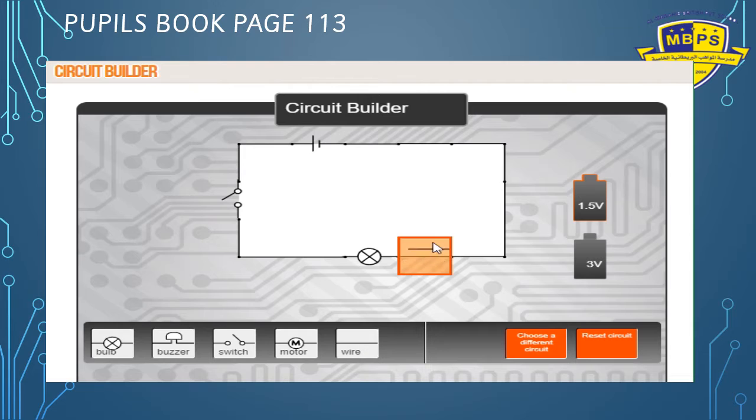When I close the switch, I mean when I close the circuit, the circuit is complete and the bulb lights up. The question here is, if I change the number of batteries in the circuit, what will happen?